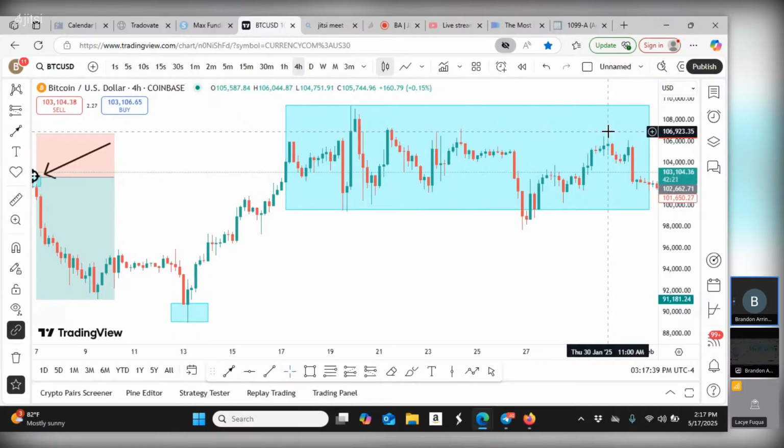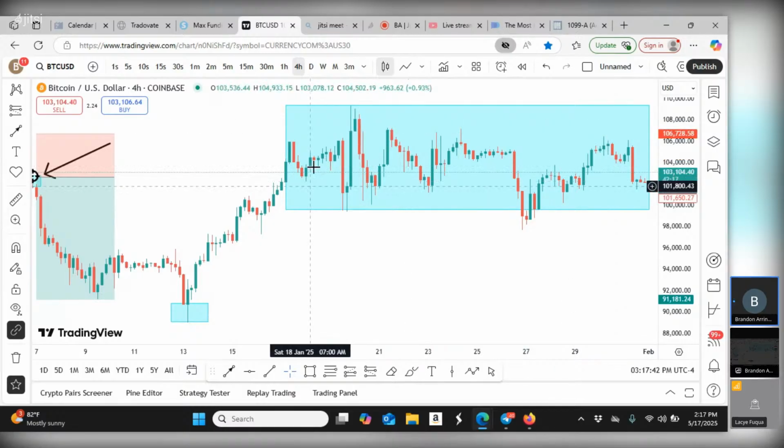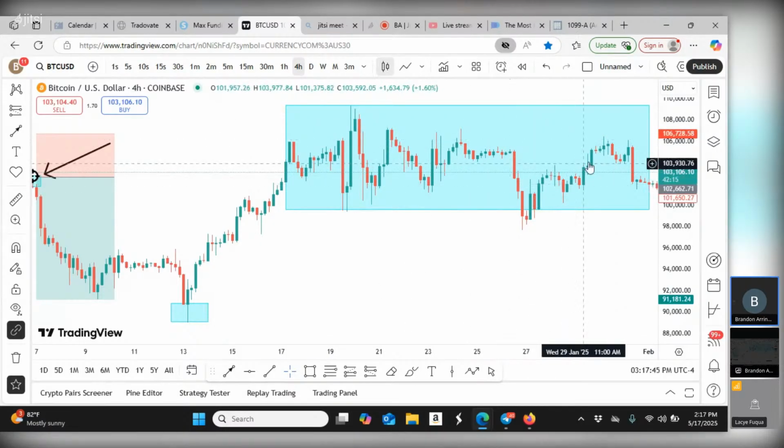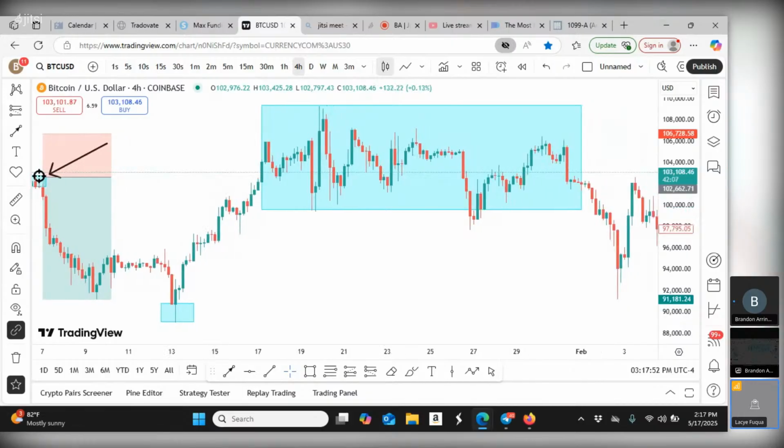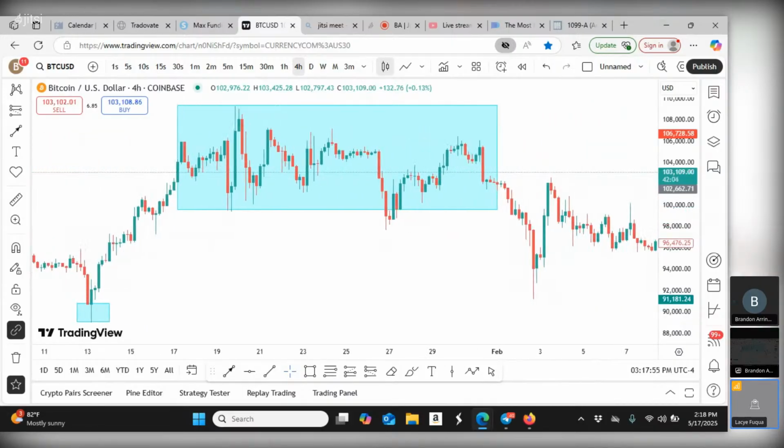But here's the thing though, if price is in the premium, we're looking for price to build up, like how it's building up here, trapping money in this box. Once accumulation gets done, big money is going to drop price down to a cheap price.